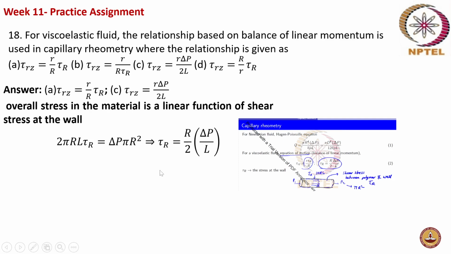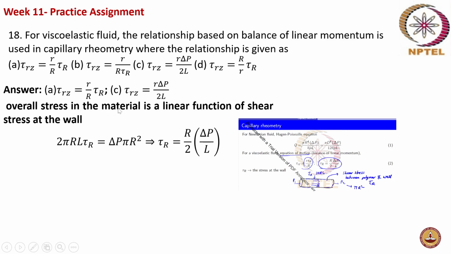So what you will end up with, tau R is equal to R by 2 into delta P by L, right? So there is a linear relationship between the overall stress and the stress at the wall, which is given by this expression, small r, that is the radius at any point, by the radius at the wall, the complete radius, into tau R.